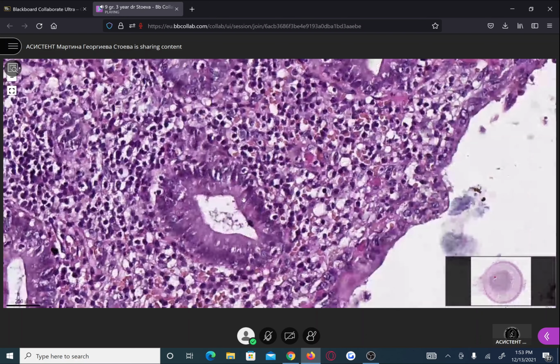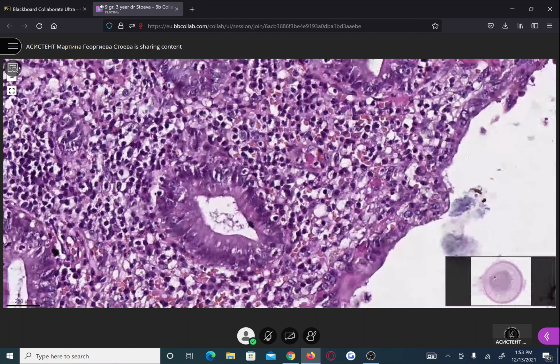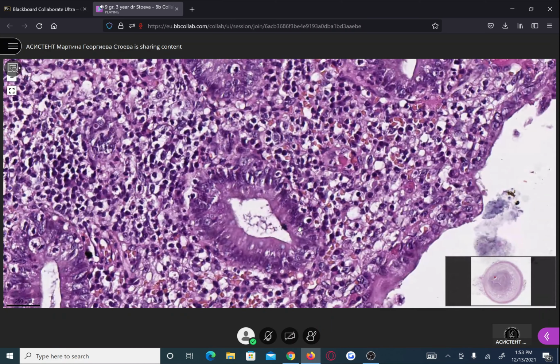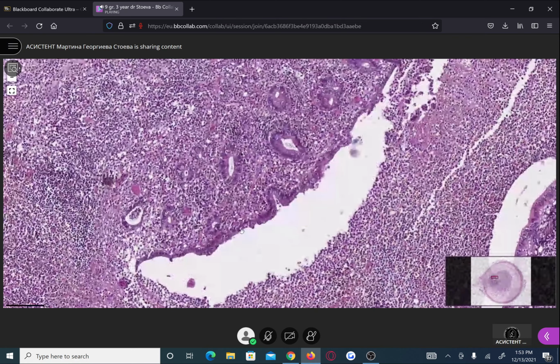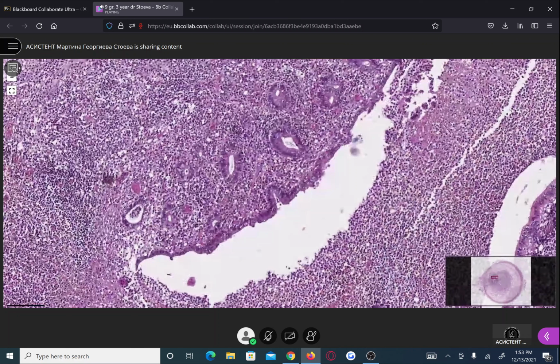You know that the colon is lined by goblet cells, but here we can't find the large mucin vacuole within the cytoplasm of the cells. This is because of regeneration. When there is a process leading to damage of the mucosal lining and necrosis or atrophy, the preserved part of the mucosa starts to proliferate, trying to cover the defect, the damaged part of the mucosa.